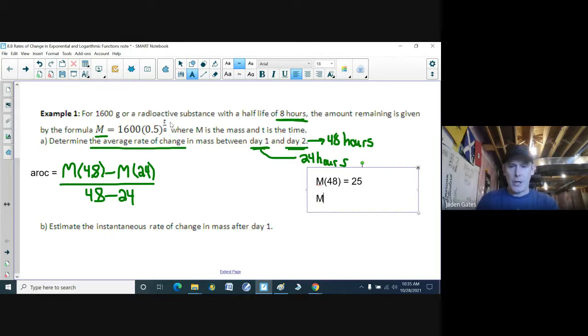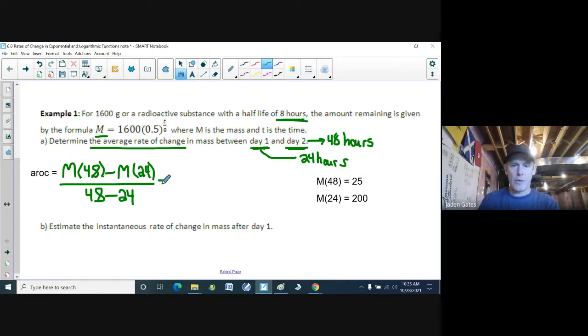All right, then I'm going to put 24 in for t into our formula. So 24 divided by 8 is 3. So 0.5 to the power of 3 times 1,600, and I get 200. All right, so now I can place those values into my formula.